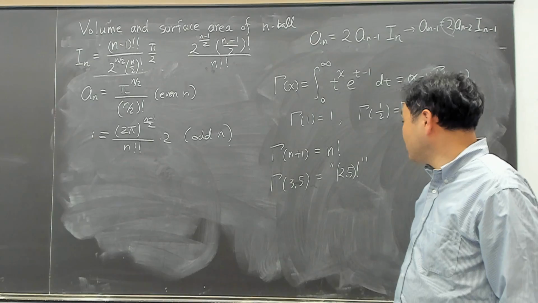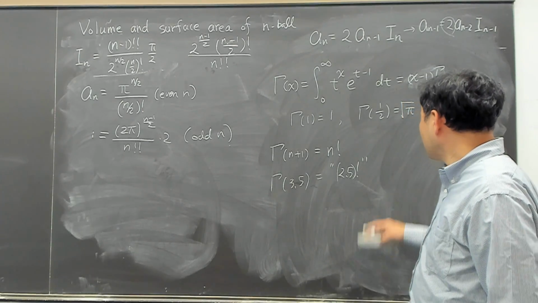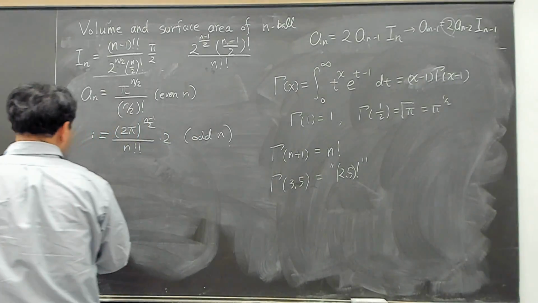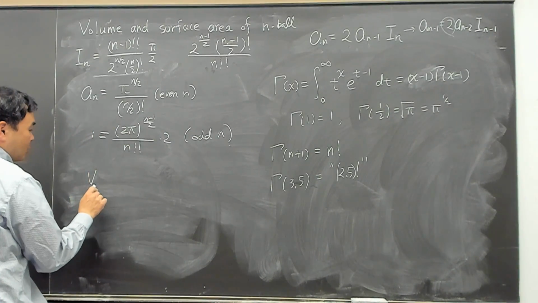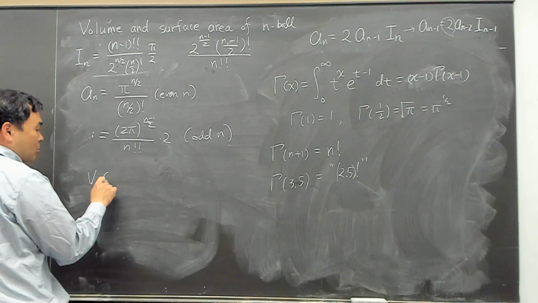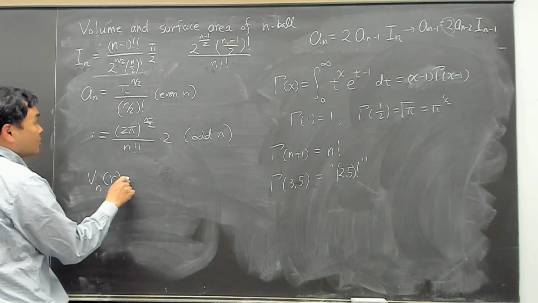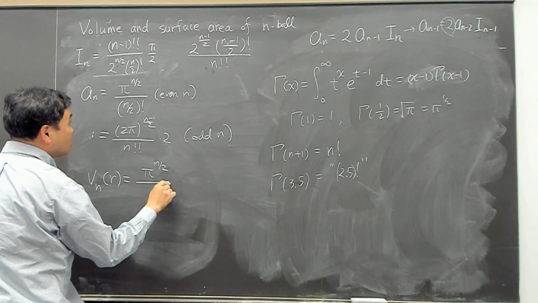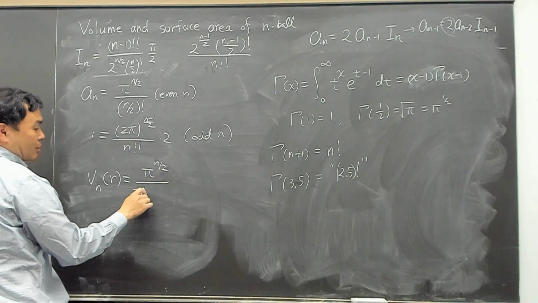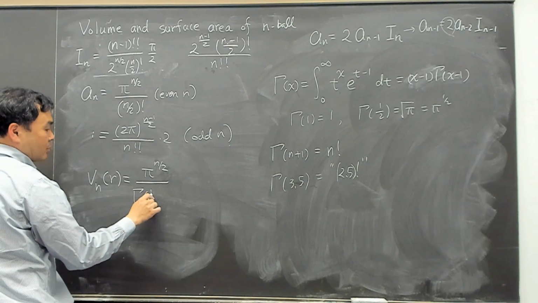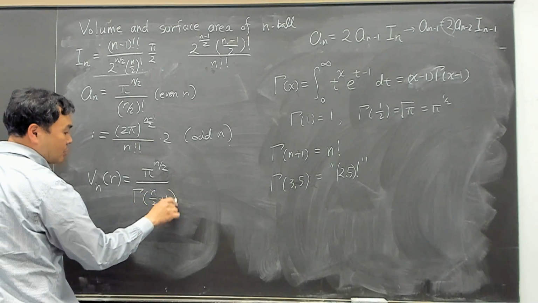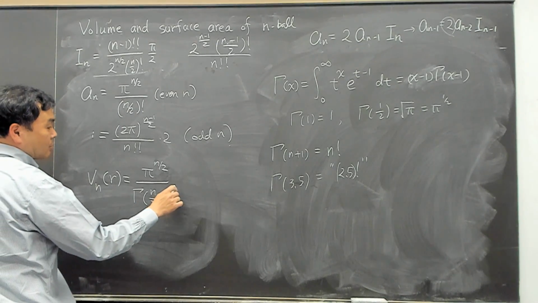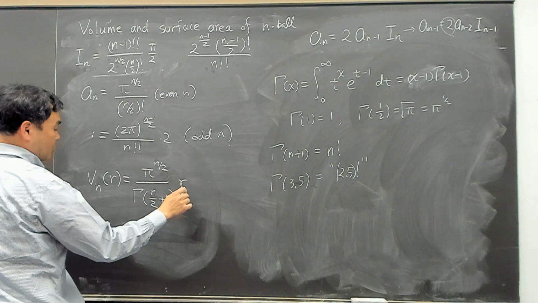And if you look at this and say that the volume of the n-dimensional ball of radius R is pi to the n over 2, over, and let's use the gamma function for it, gamma of n over 2 plus 1, and then r to the nth power.